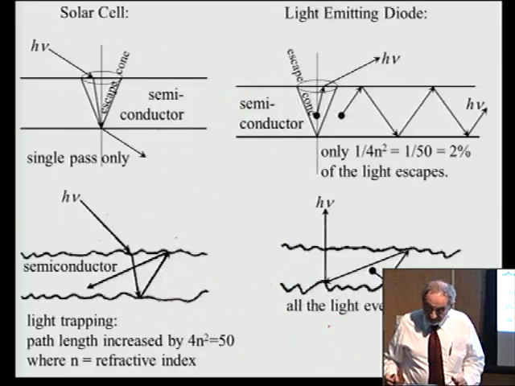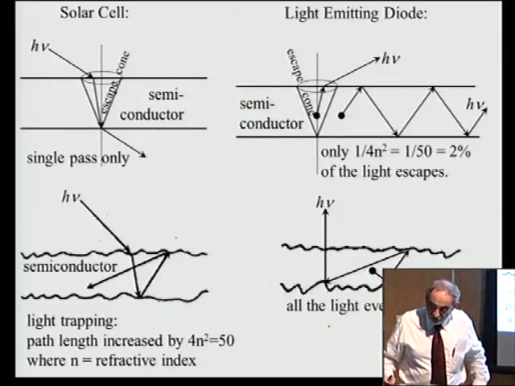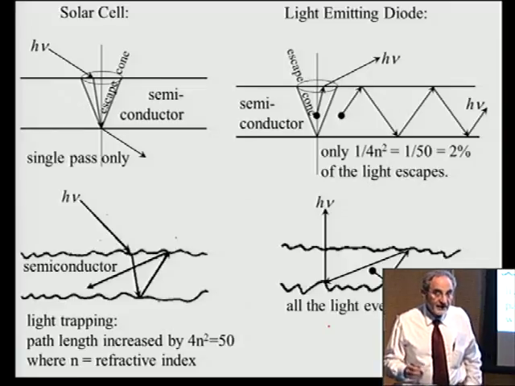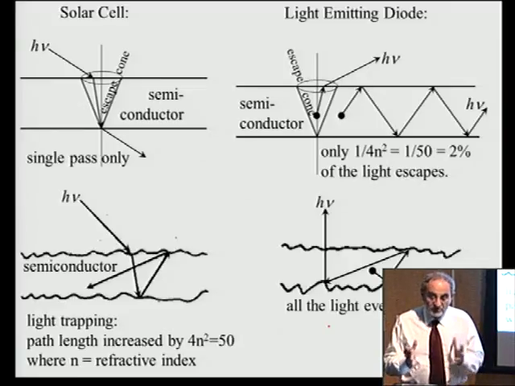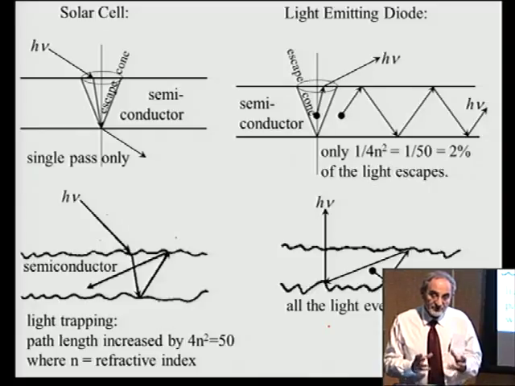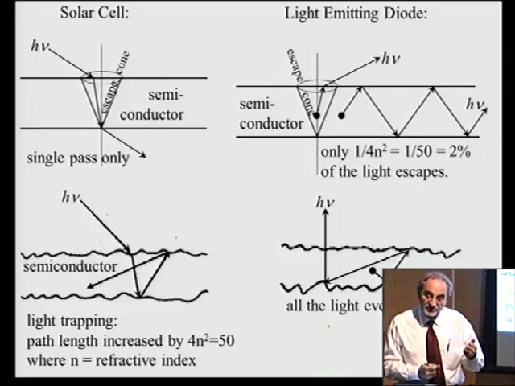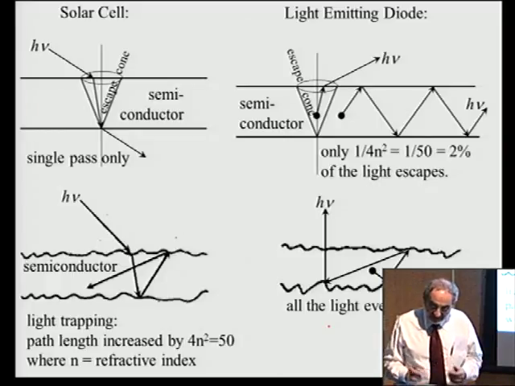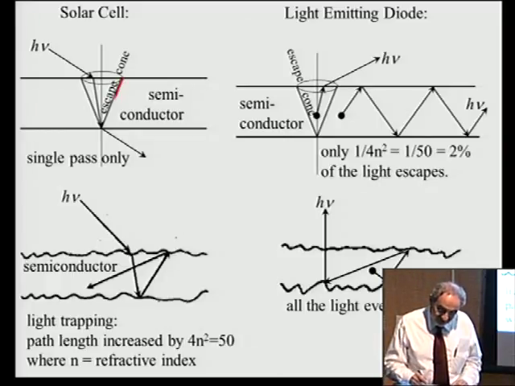So that is very interesting, and leads then to a comparison between the solar cell and the light-emitting diode. These are reciprocal devices. The solar cell takes in light and produces electricity, and the light-emitting diode takes in electricity and produces light. And we have this problem of the escape cone.